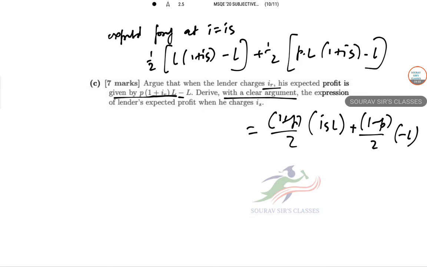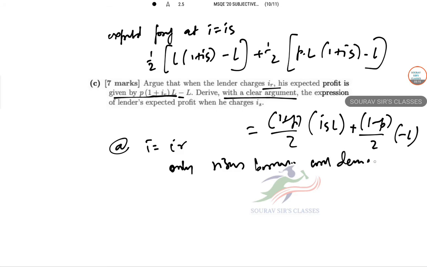Now if we compute these at I equal to IR, at this rate only the risky borrower will demand a loan. So it is easier for the lender to decide.